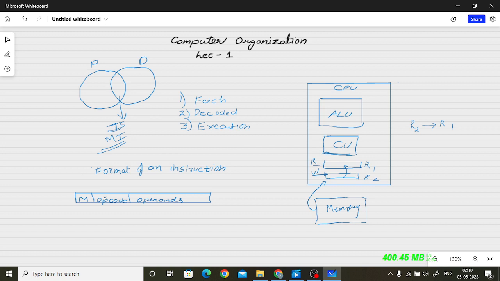Let's understand addressing mode as how we are getting the data, how we are getting the operands from the memory. It mainly deals with how we are getting the operands.